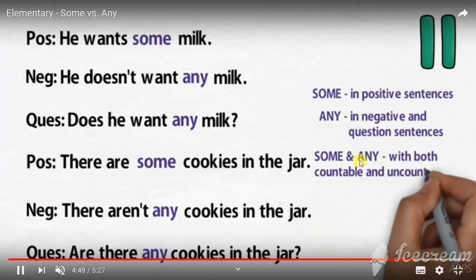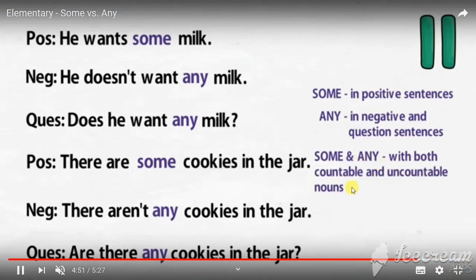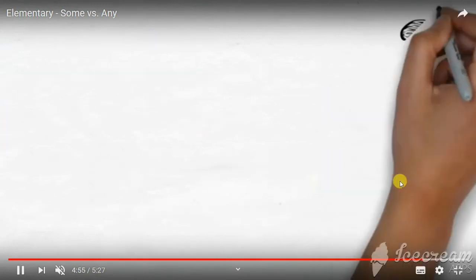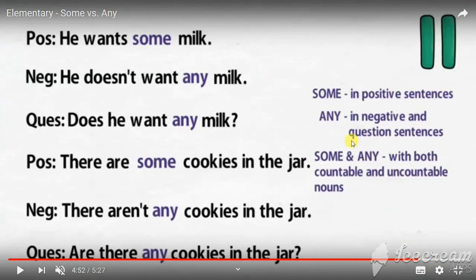Both some and any, we use them with countable and uncountable nouns. Again, some, we use it in positive sentences only. Any in negative and question sentences only. Both some and any with countable and uncountable nouns. Okay?